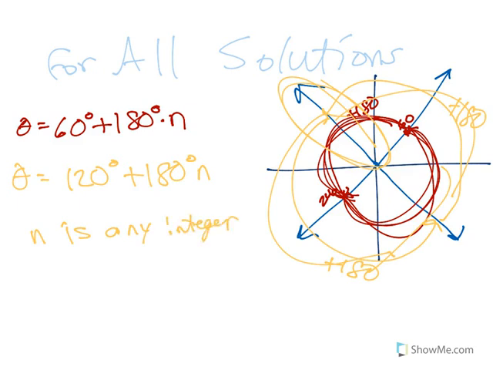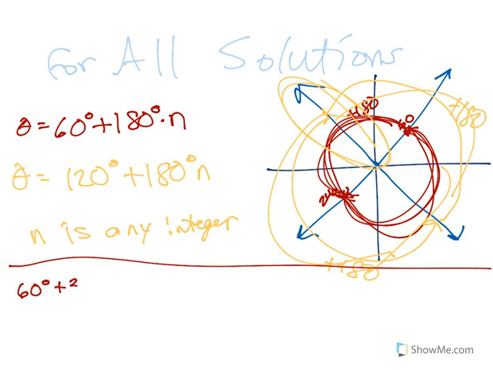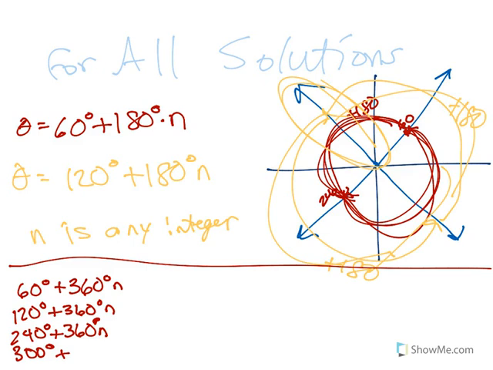And if you were thinking, well, I would take 60 degrees plus 360 n, and I would take 120 degrees plus 360 degrees n, and I would take 240 degrees plus 360 degrees n, and 300 degrees plus 360 degrees n. That's not wrong. That is absolutely not wrong, because you're taking each angle and you do a full rotation, 360 degrees, and you get back there.